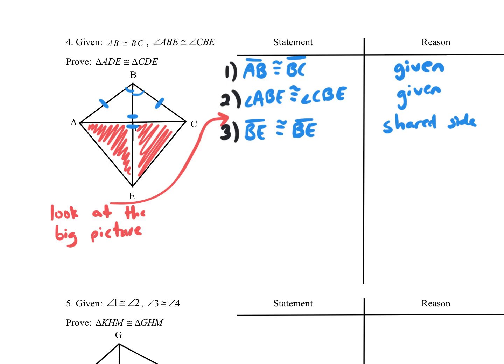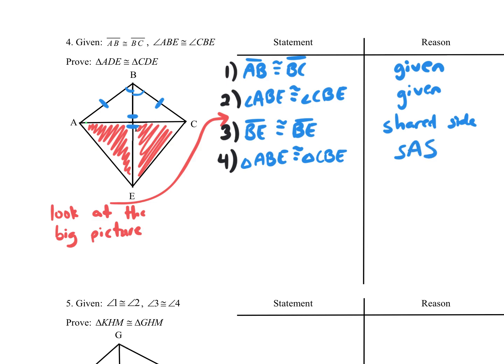Again, we're still looking at that big picture there. Can I say these 2 triangles are congruent to each other? Yes. Why? Exactly. So we can say triangle ABE is congruent to triangle CBE because, like you guys said, it is side, angle, side.